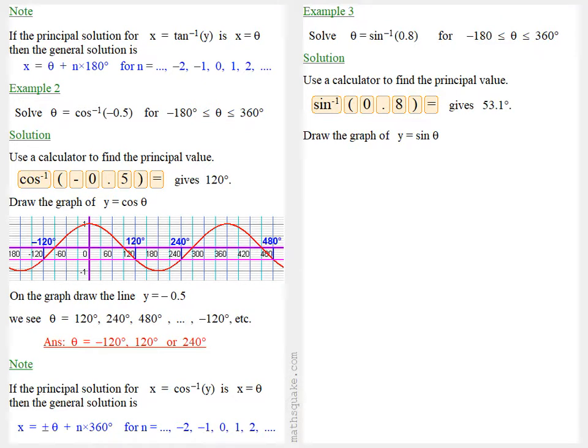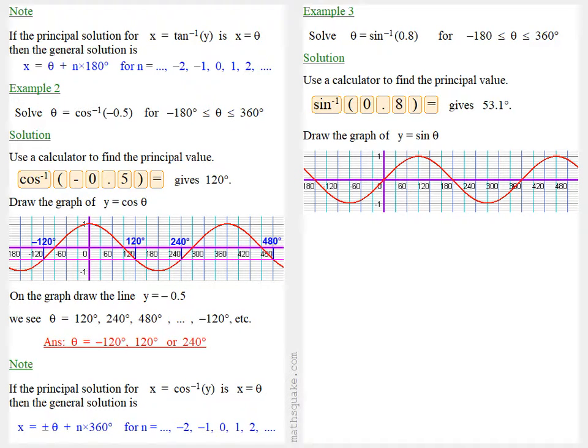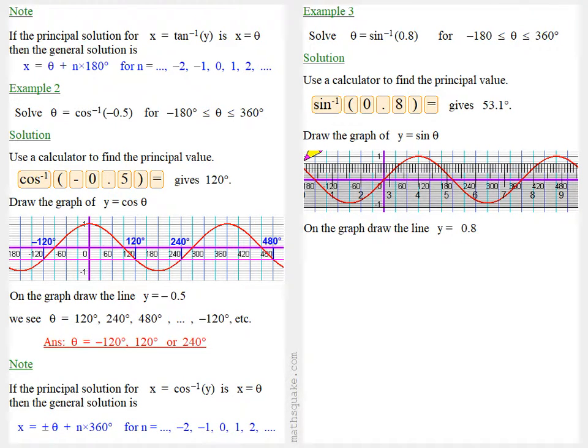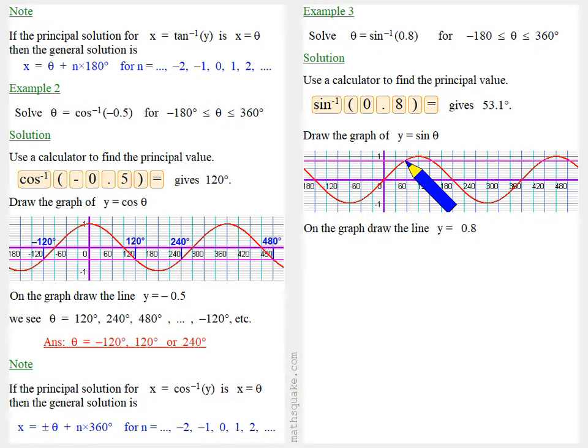Now we can draw the graph of y equals sine x. And we want the value of theta when y is equal to 0.8. So we draw a horizontal line at y equals 0.8, and we see that it crosses the curve at 53.1 degrees.